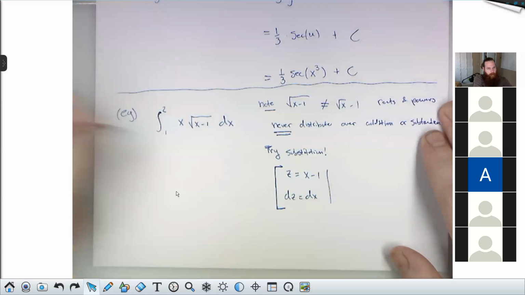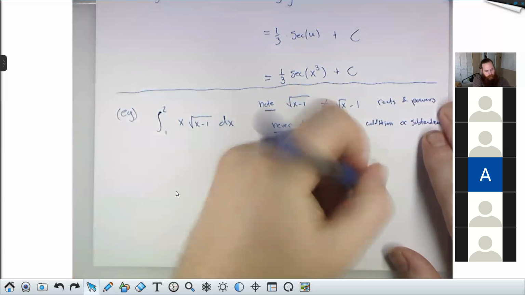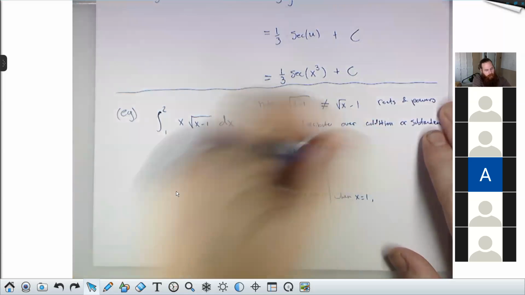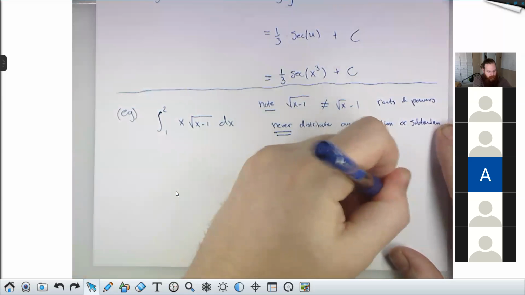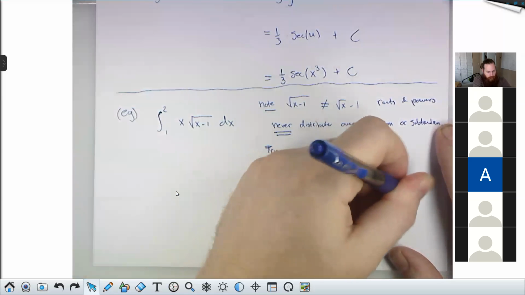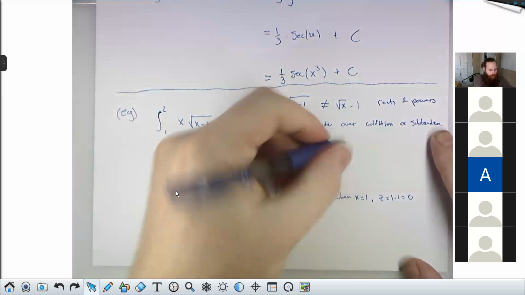So let's look at my old bound. When x is equal to 1, z is equal to 1 minus 1, which is 0. So my old lower bound was 1. My new lower bound will be 0. What about the upper bound?